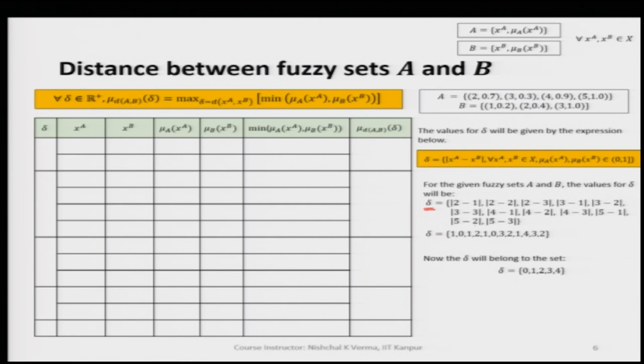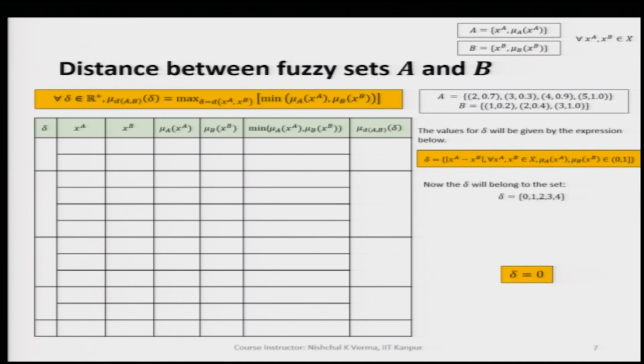When we find all combinations, we get these values of delta: 1 0 1 2 1 0 3 2 1 4 3 2. When we rearrange this, we get the delta set, which is 0 1 2 3 4.